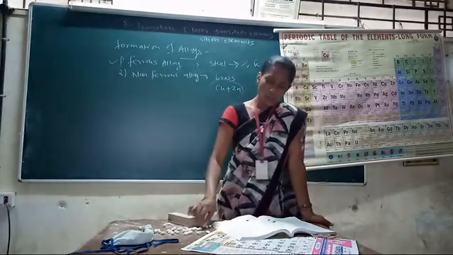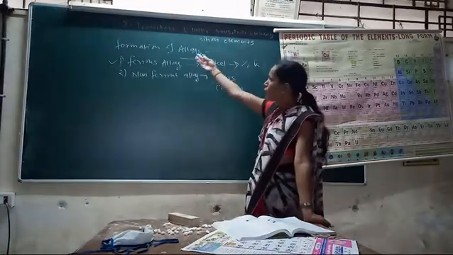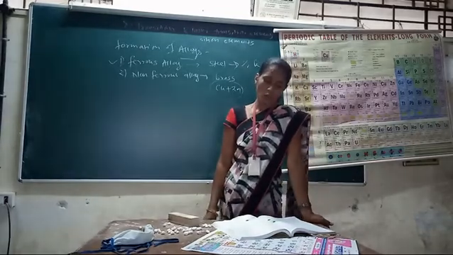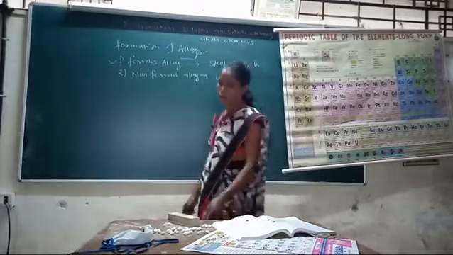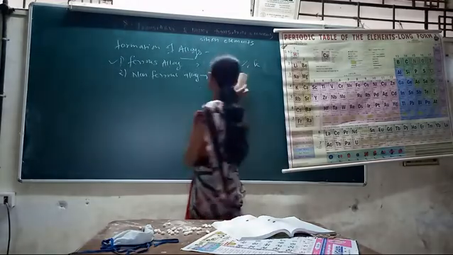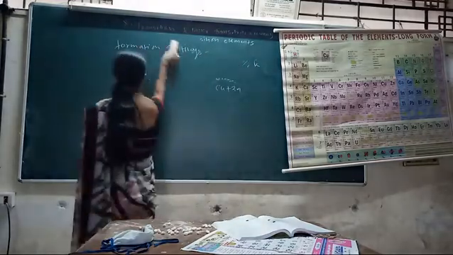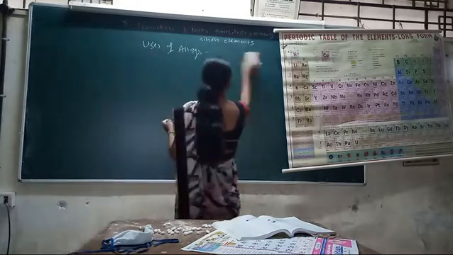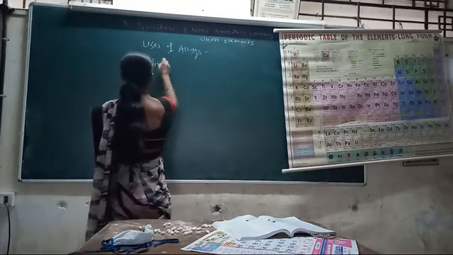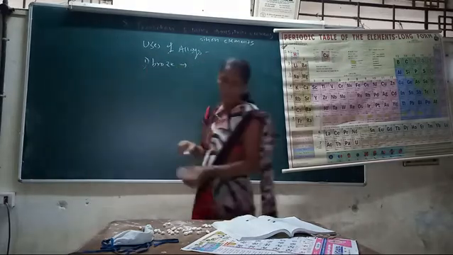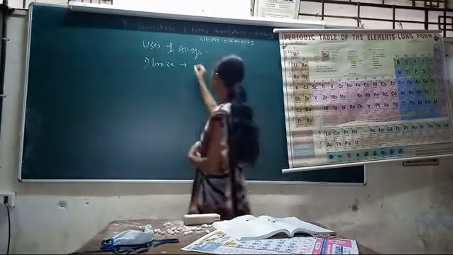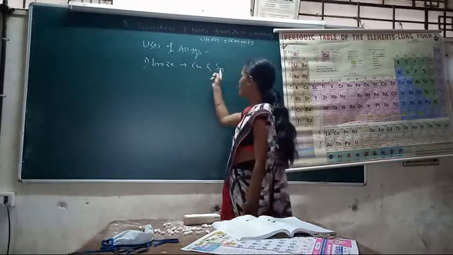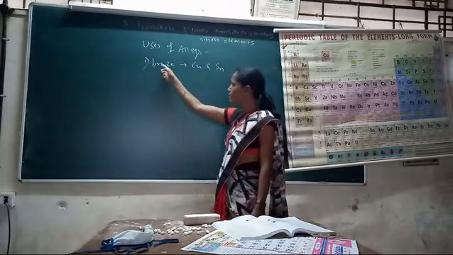Then the next point is uses of alloys. The first use is bronze. Bronze is an alloy of copper and tin. The mixture of copper and tin forms the bronze alloy.